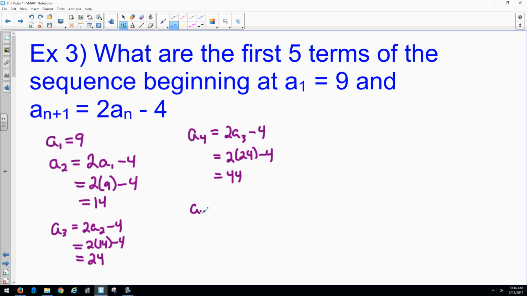And for the last term, I have 2 times the fourth term minus 4. So that's the first 5 terms of this sequence. So it's 9, 14, 24, 44, and 84.